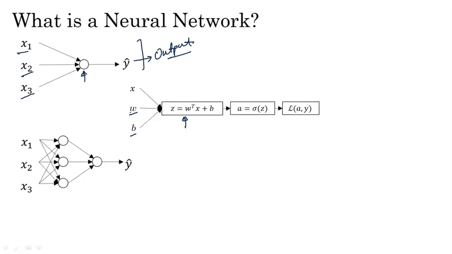Here W is a matrix of some dimension, X is a matrix of the same dimension as W, because these two matrices need to be multiplied, that is, the dot product has to be found between the two, and b is some real number. After finding the value of z, we are going to apply z into the sigmoid function, and the value of the sigmoid function is stored in another variable, a.